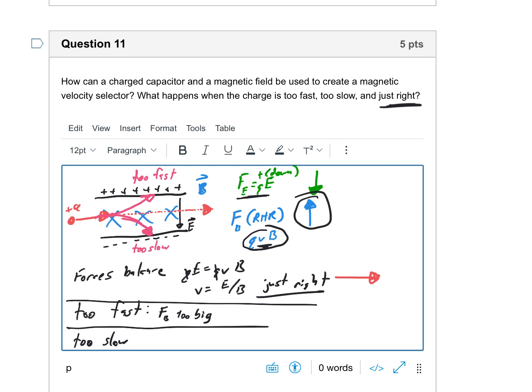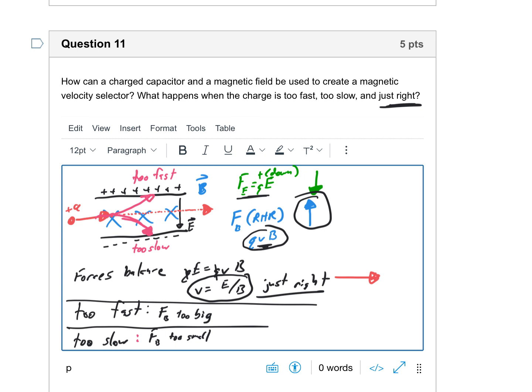Okay, so it's a balance between the two forces. That's what a velocity selector is. So for the bottom one, the magnetic force was too small. It's a velocity selector because only a certain speed gets through.